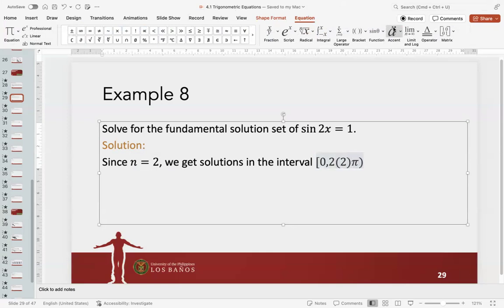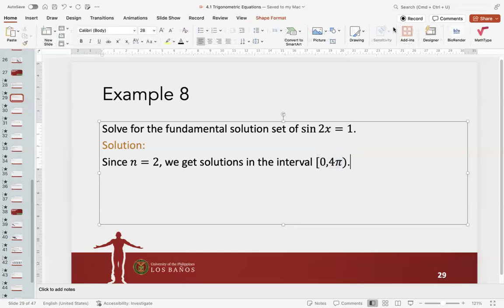And if we multiply 2 times 2, we will just get 4. That's why we have 0 to 4 pi. So technically what we'll do here is that we will just get our solution in the first rotation or in the first cycle. That's technically your FSS, but we will just extend that up to the second cycle.